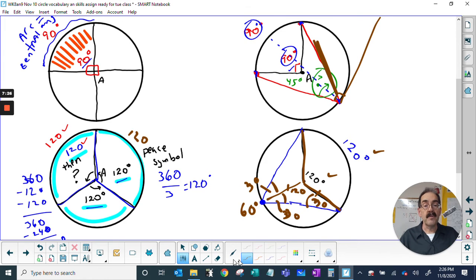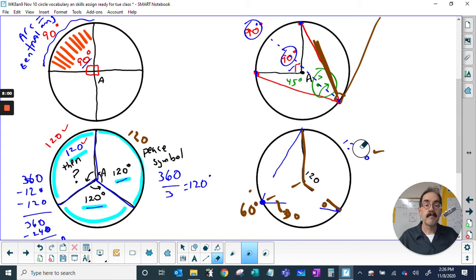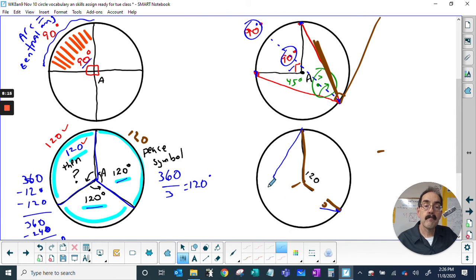Okay? Another thing we're going to discover in time is we could look at it a different way. We want this measure, right? I'm going to make this blue triangle. And all three angles have to be equal.